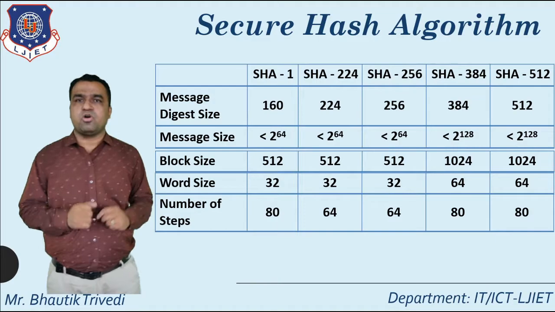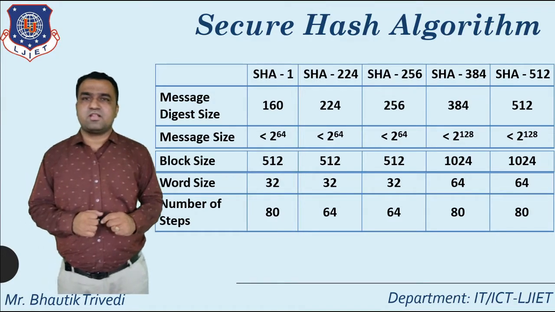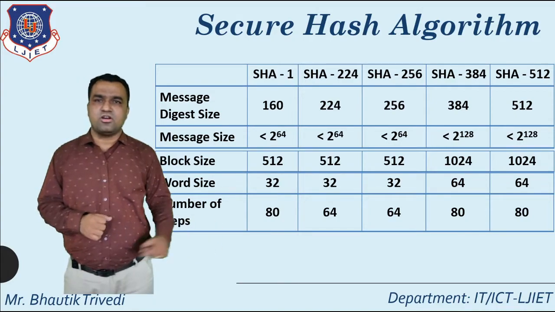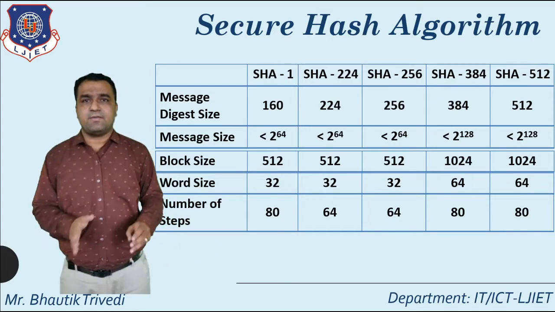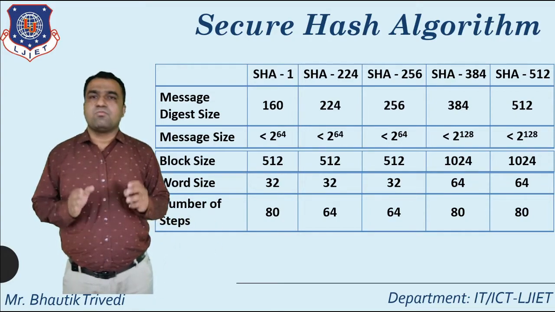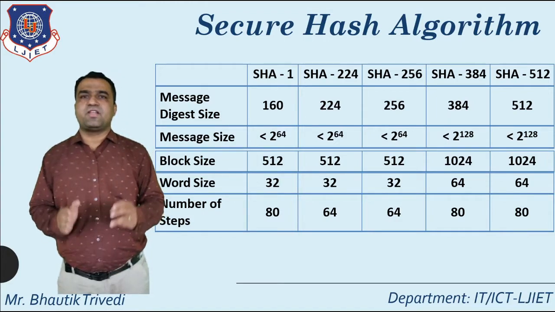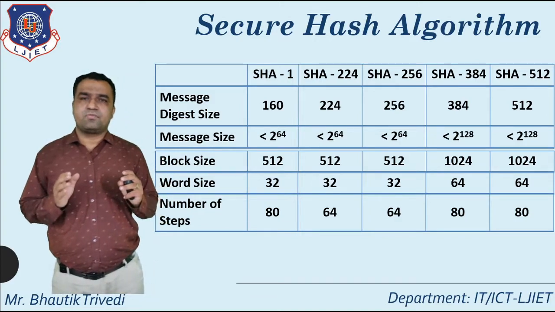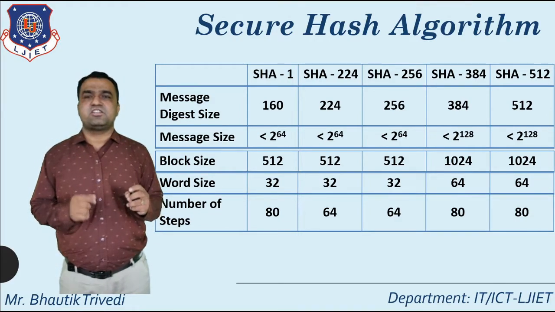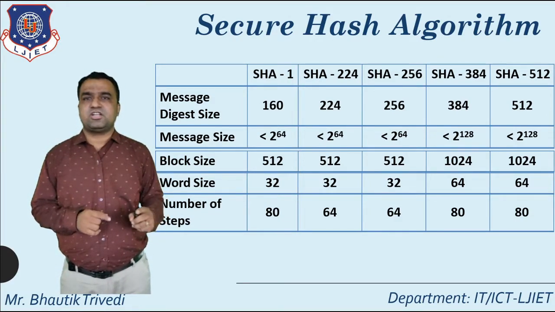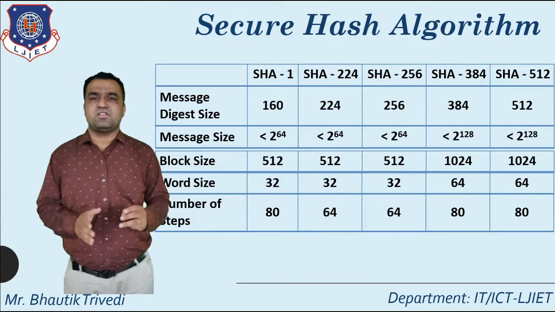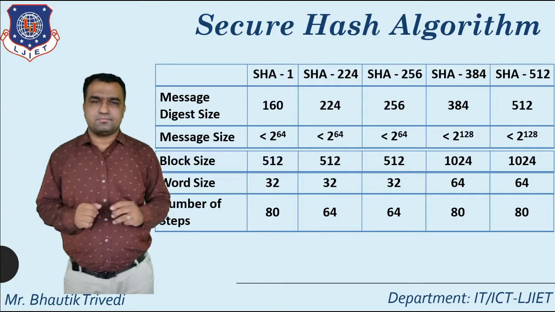Block size is 512. Word size is 32. And number of steps is 64. Must remember one thing: comparing SHA1 with SHA224, the major difference is the number of steps. SHA224 supports only 64 steps, but SHA1 supports 80 steps.